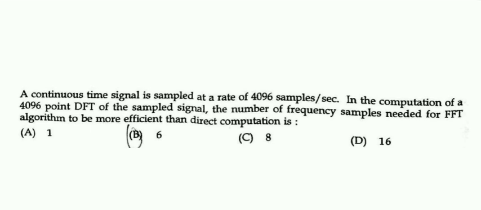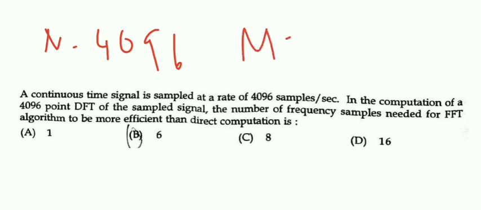So what they have given, let us see, the N-point DFT: N is equal to 4096, a 4096 point DFT they have given. And the sampling rate is again 4096, which I write as M. So N is the N-point DFT, M is the sampling rate of the signal, a continuous time signal.